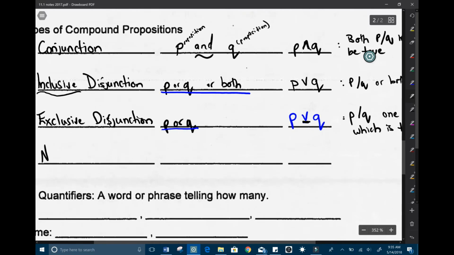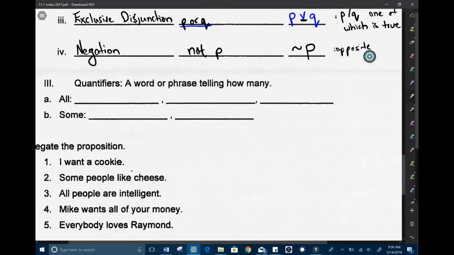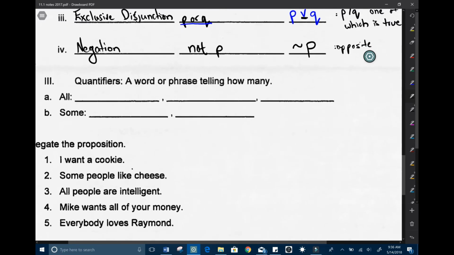And a negation. Negations are not, or the opposite of the proposition, and they are symbolized by this. So that's just the opposite. Okay, so what in the world is going on? Okay, the last thing here, quantifiers are a word or phrase telling how many.